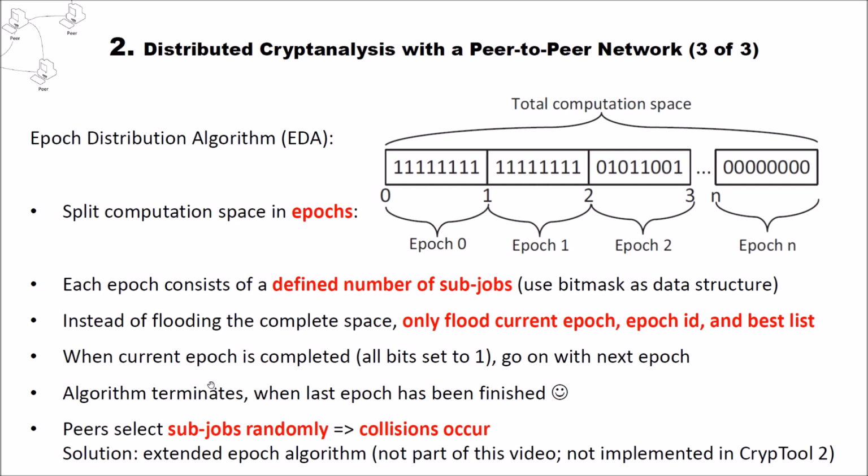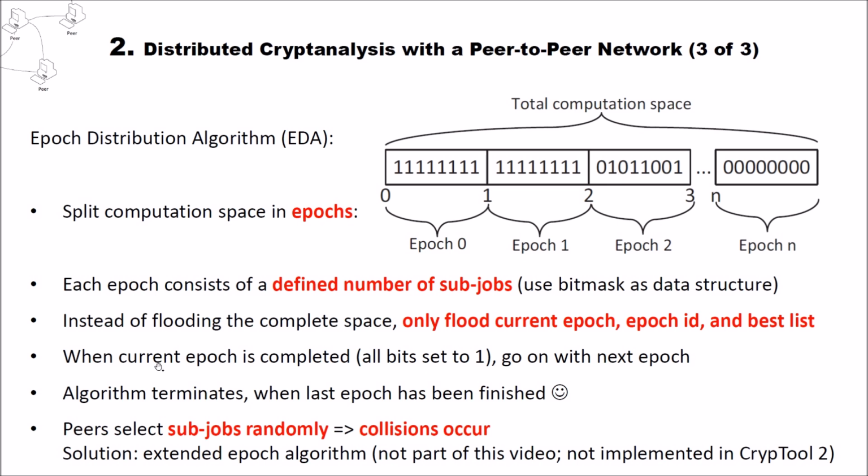And of course we have some problems here. For instance, peers select subjobs randomly, and it can happen that collisions occur so that two peers compute the same subjob at the same time. Then they will stop the subjob when the other peer finishes it and informs that he had finished the subjob.